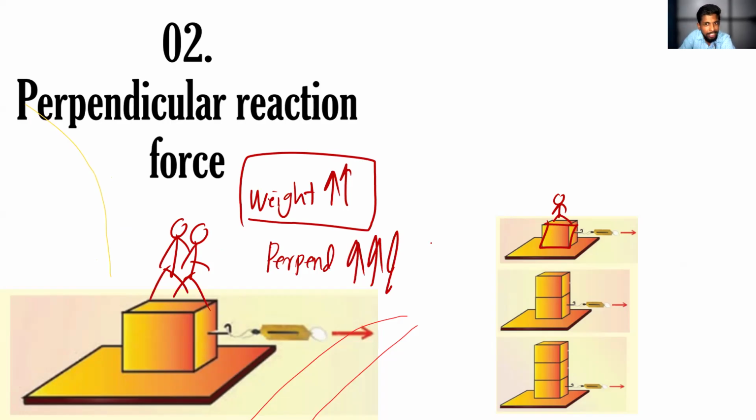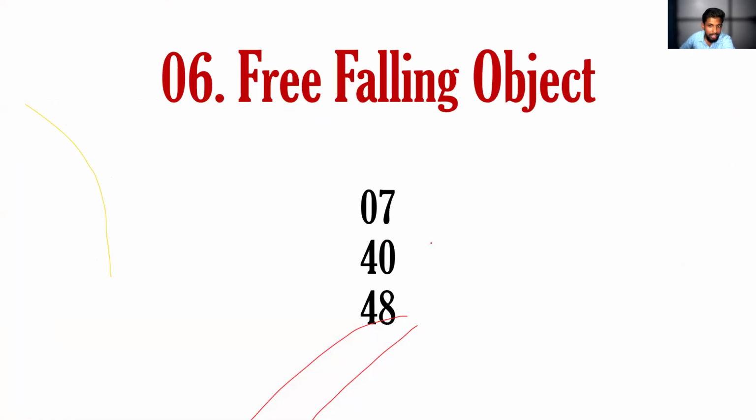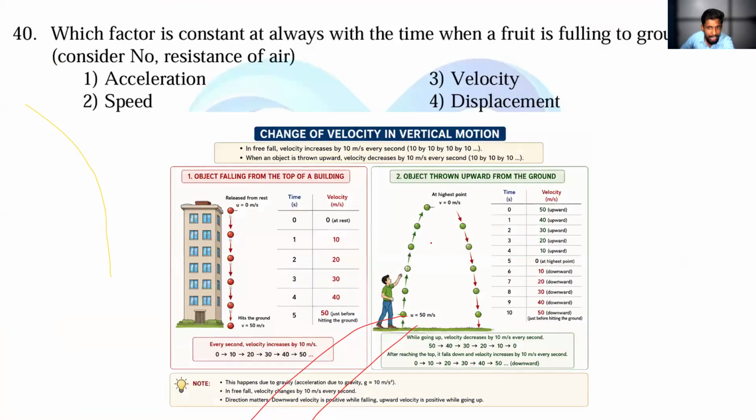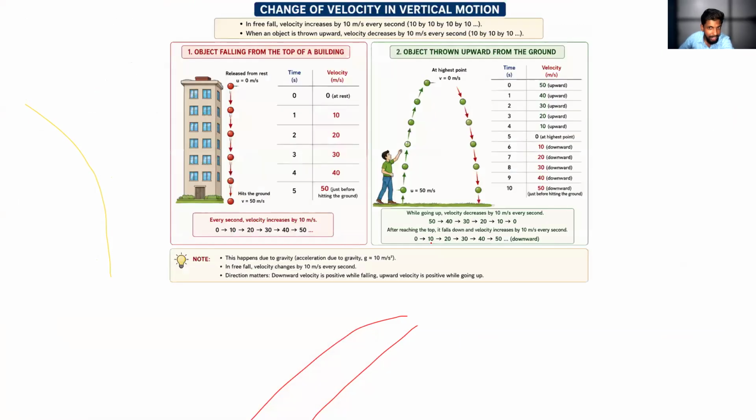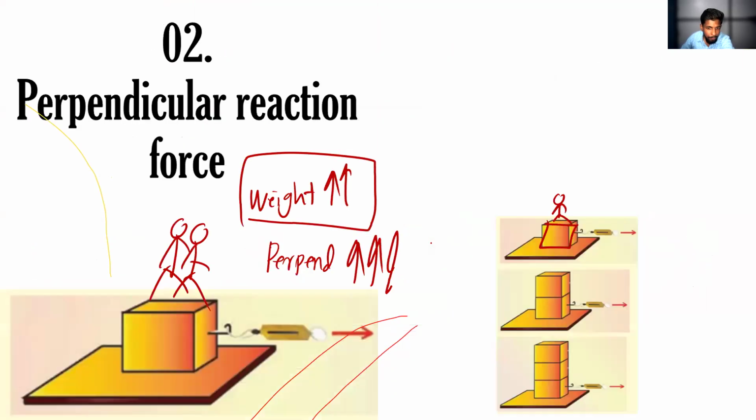Then what is the relationship between the weight and the perpendicular reaction? Yeah, it will be discussed under Newton's law. Under the 8th heading, regarding Newton's law of motion, I will explain the relationship between these 2 things. Don't worry, okay? So if the weight increases, perpendicular reaction also increases.